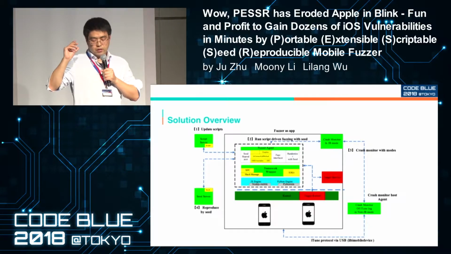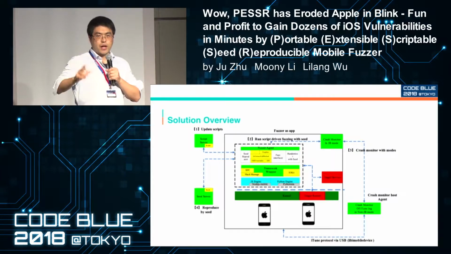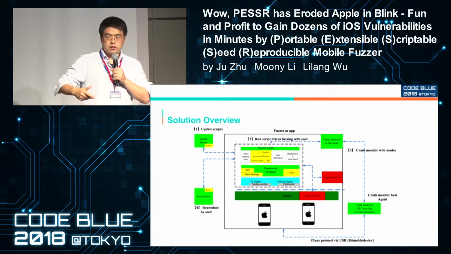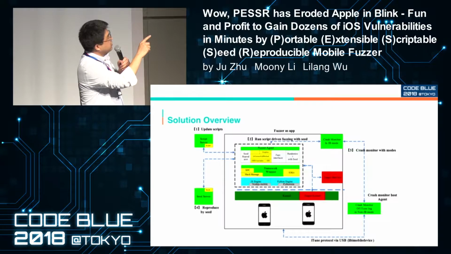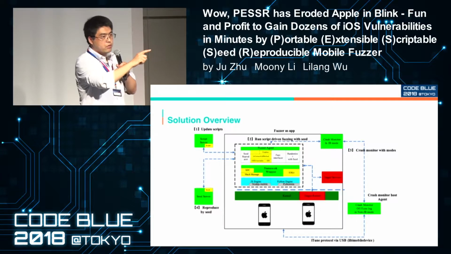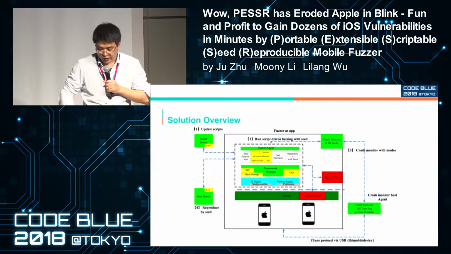When the fuzz agent tries to run to call the attack surface, it will first load the fuzzing script or fuzzing scenario from the server and run it locally.